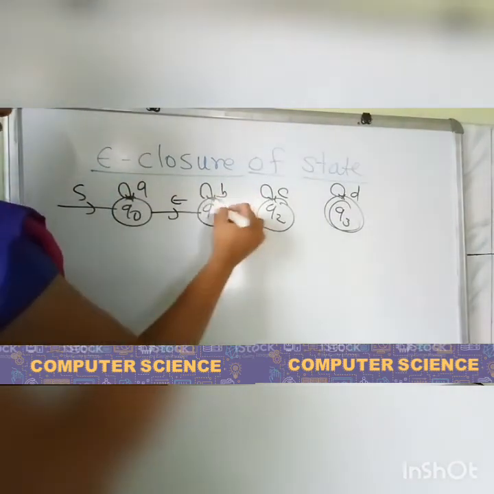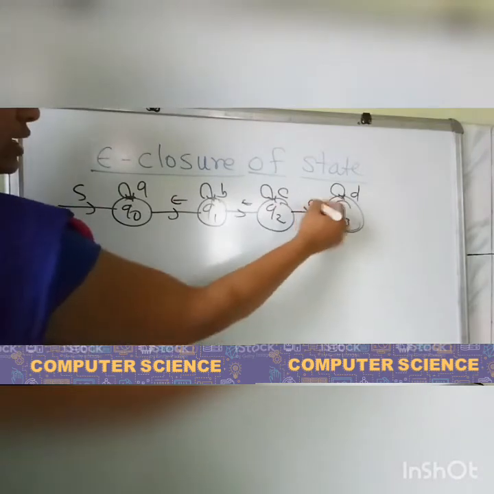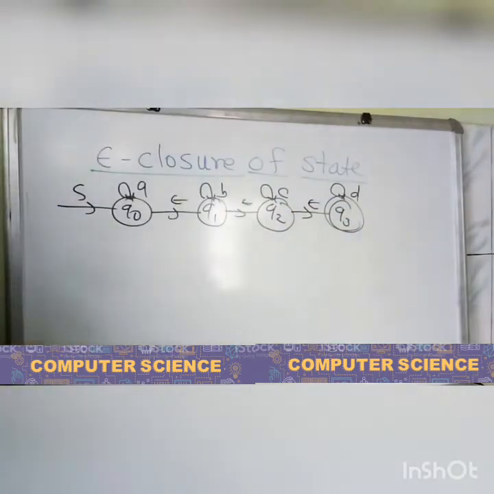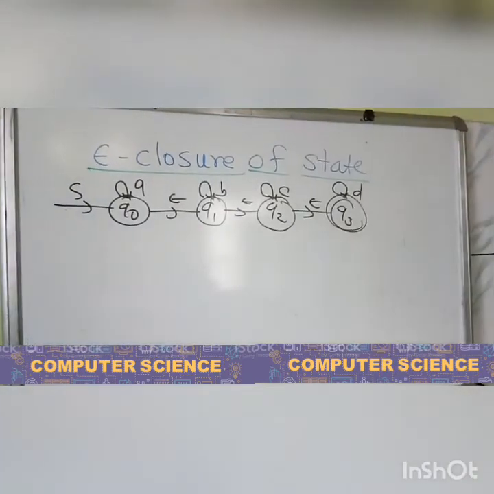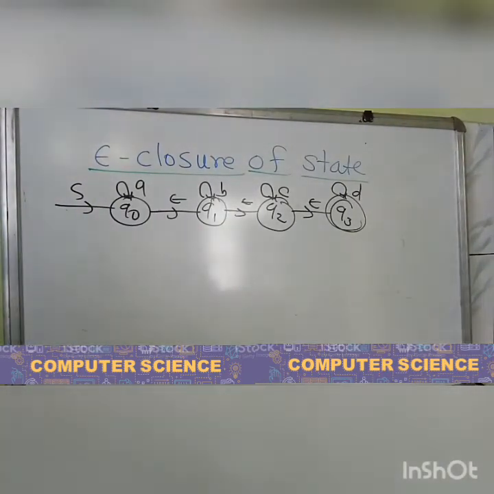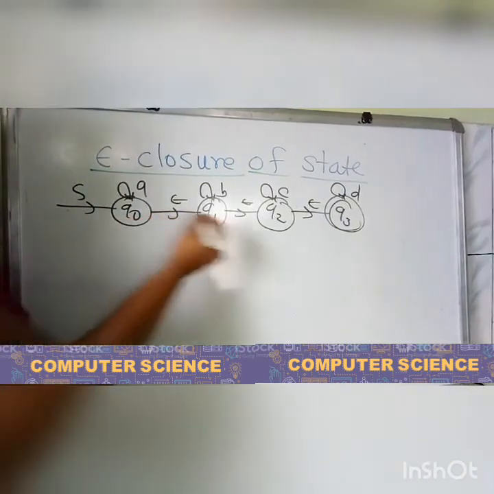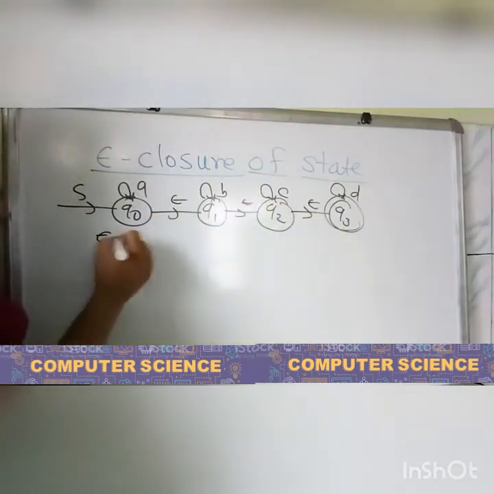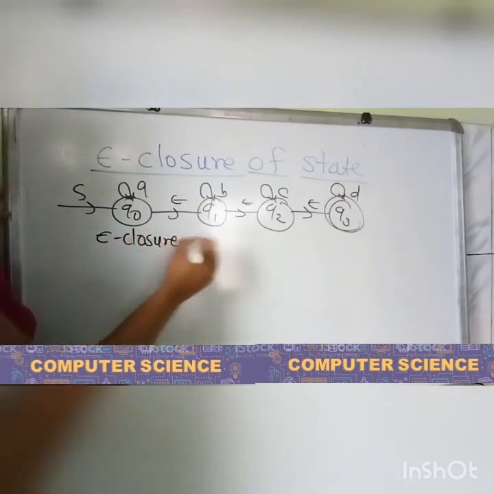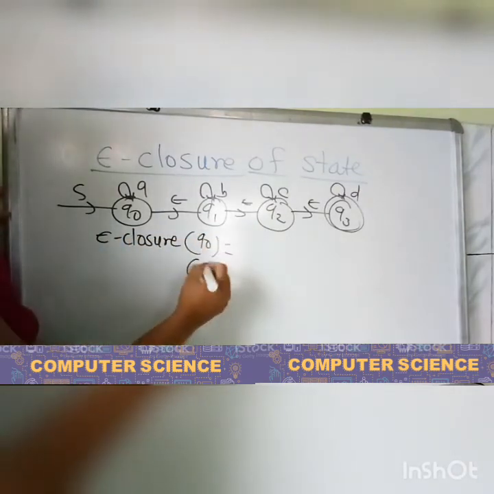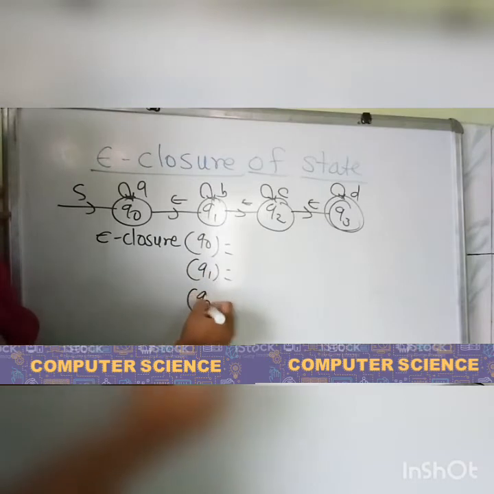This is the NFA for every alphabetical order of elements in a string. In this case, we have to calculate the epsilon closure of all the states, that is, epsilon closure of Q0, Q1, Q2 and Q3.